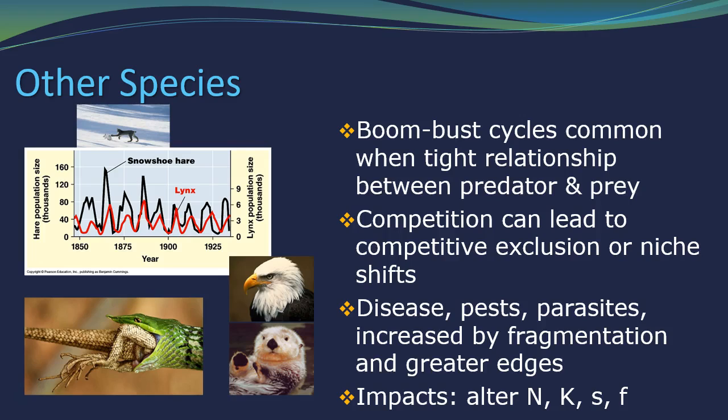Sometimes when we're looking at population modeling, things can be simplified or made more complicated depending on how we alter the population inputs: the N, abundance, the K, the carrying capacity, the S, the survival, or F, the fecundity.